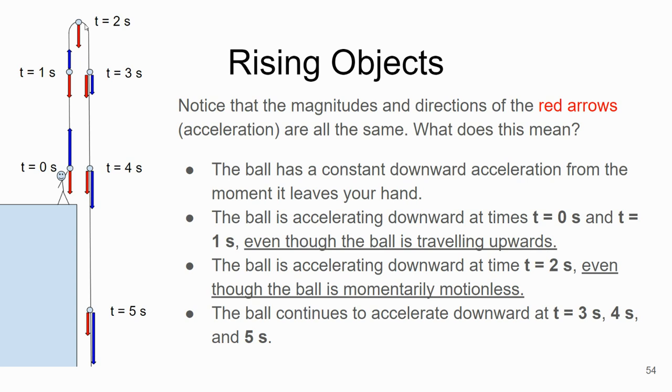The velocity is momentarily 0. The ball is just for a moment at rest, but it is still accelerating downwards, which means you can be at rest but still accelerating downwards, which is another thing that bothers people. It seems a little bit weird. And then after that, the ball continues to accelerate downwards, and now its velocity will be going downwards. Most people are okay with this.